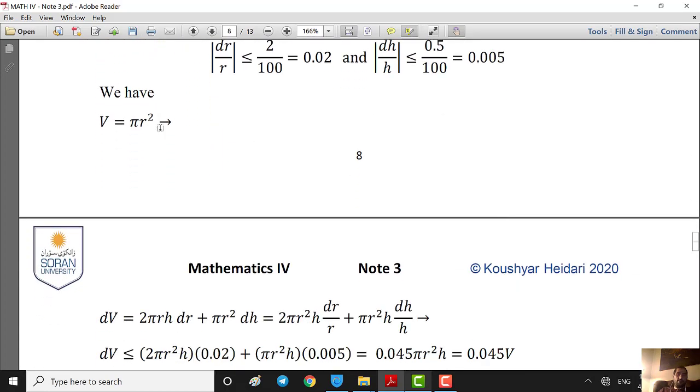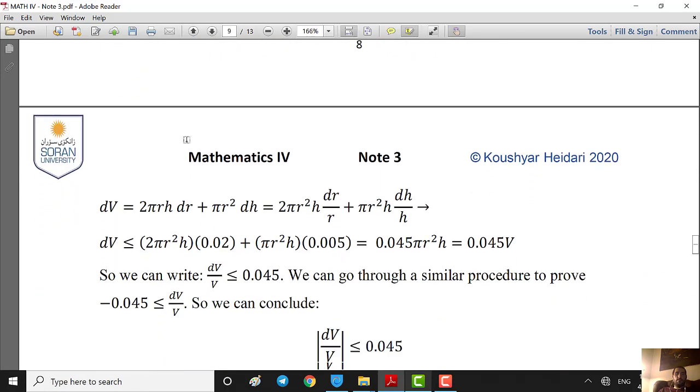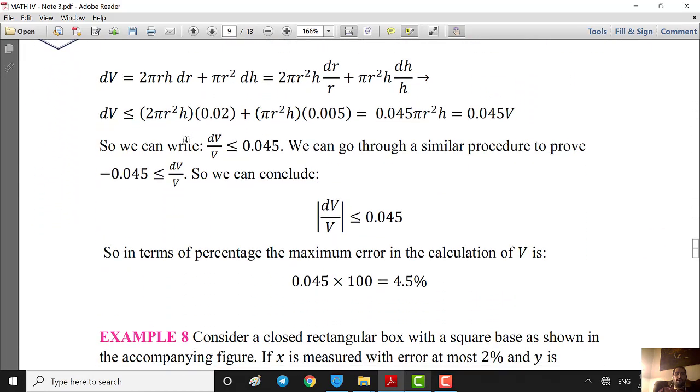Now, we have V is equal to pi r^2 h. According to the total differential formula, we can say that dV is equal to 2 pi r h, which is partial V over partial r, times dr, plus pi r^2, which is partial V over partial h, times dh.